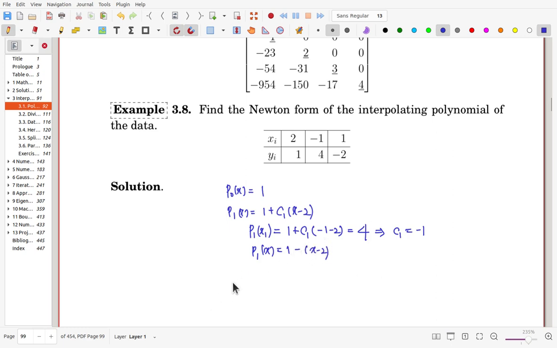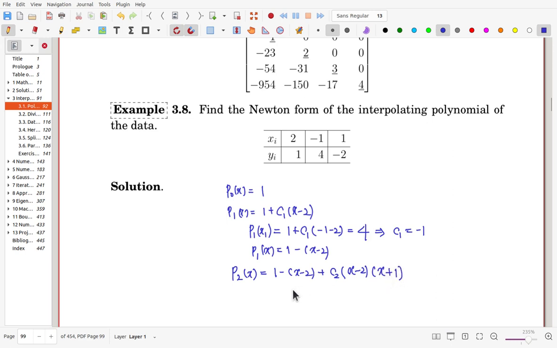right? Now, finally, we should construct P2. Okay, P2 of x is P1 of x, 1 minus (x minus 2), plus C2 times (x minus x0), (x minus 2), and (x minus x1), (x plus 1).